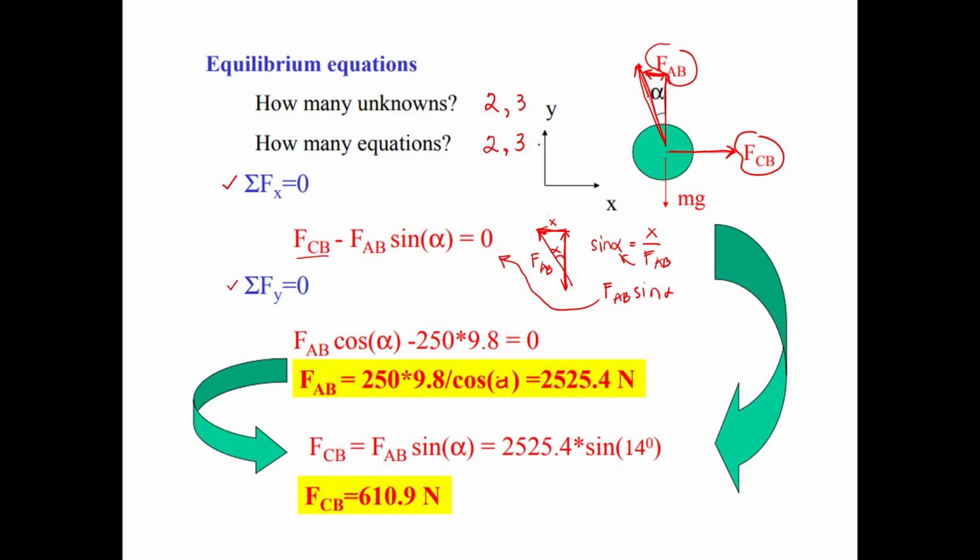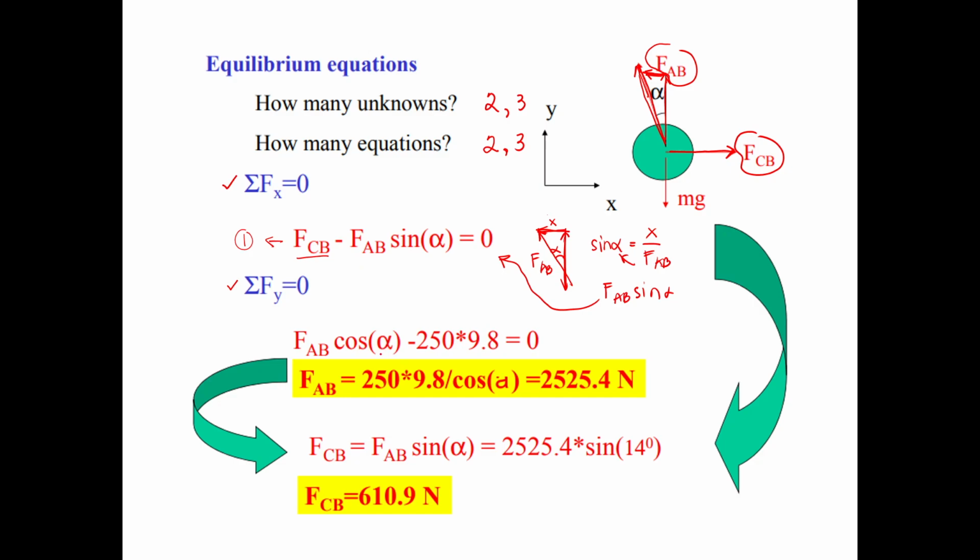Since we are in an equilibrium condition, it is equal to 0. So F sub CB minus FAB sine alpha equals 0. Since these two are still unknowns, we let this one be the first equation. So two unknown forces as of the moment.